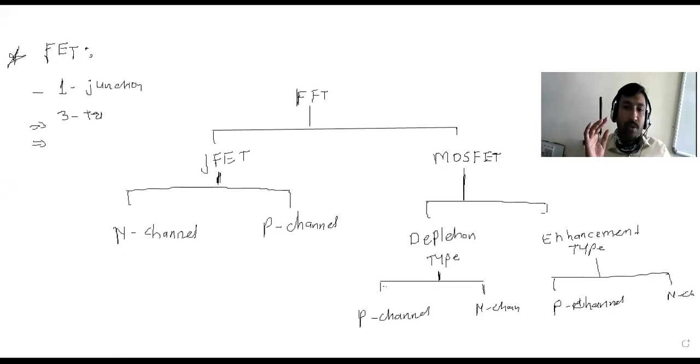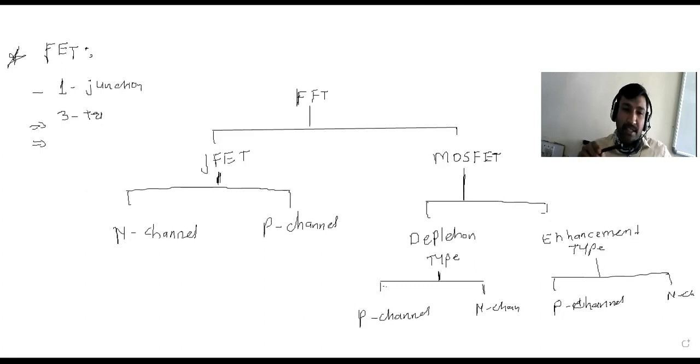So okay, now you have to remember this tree diagram. Which one is parent here in this FET tree? FET. And JFET and MOSFET as children, right? Which language is this I am speaking about? Data structure. Very good, data structure. When you remember the tree, the FET is the parent and JFET and MOSFET are the children.